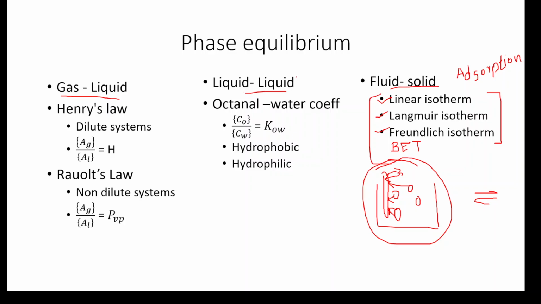Next is liquid-liquid equilibrium. So here one example is if I am mixing water and methanol. So if I mix water, let's say H2O, and I am mixing some other miscible substance like alcohol, methanol, I'll represent it with MeOH.